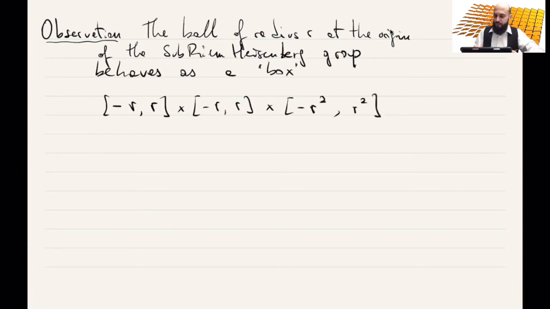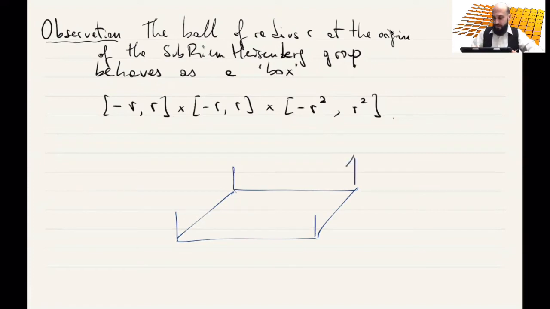So you should think of this so that in the xy coordinates, it's really a square. So I'm drawing a square in the xy coordinates. And now in the third coordinate, I'm thinking that r is small, so it's less than 1, so r squared is smaller than r.